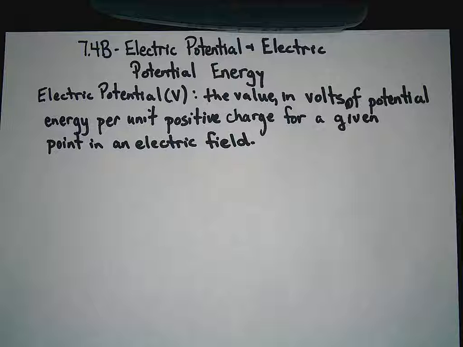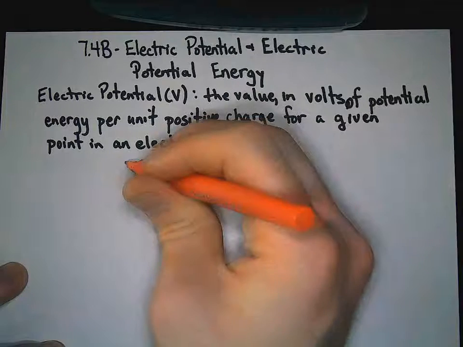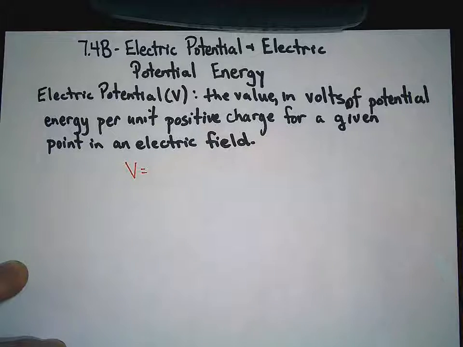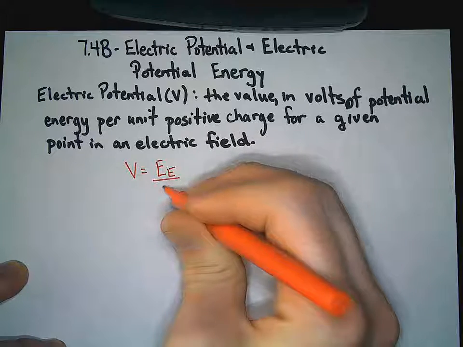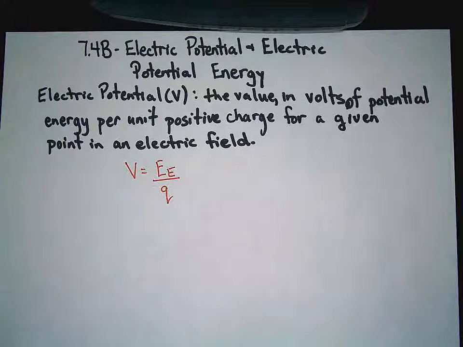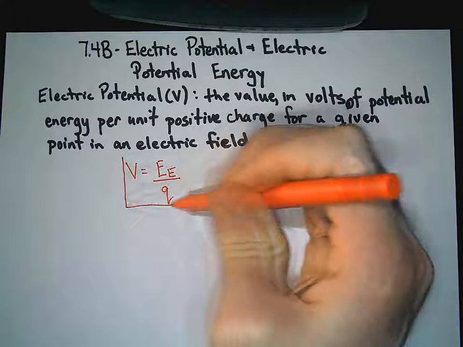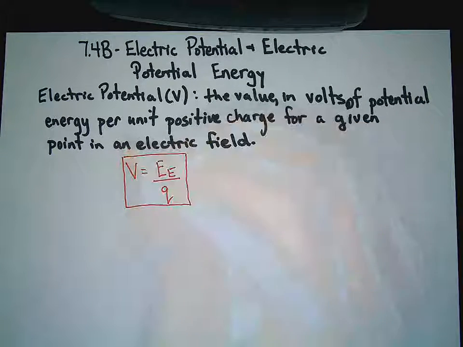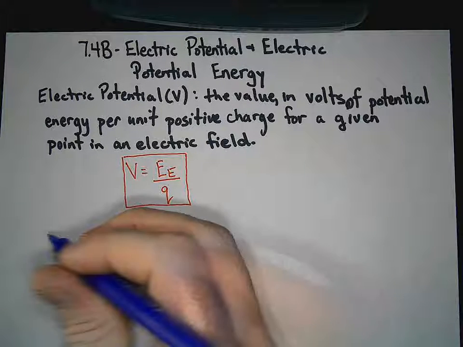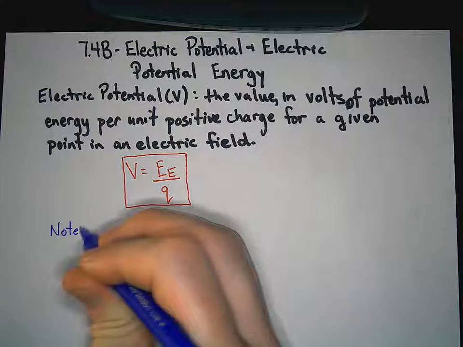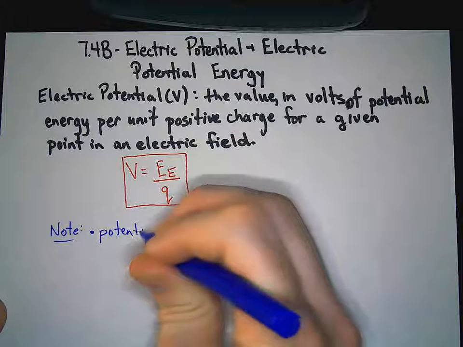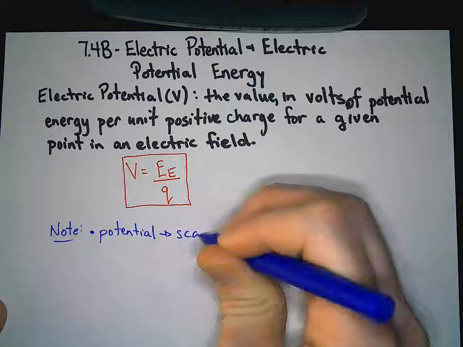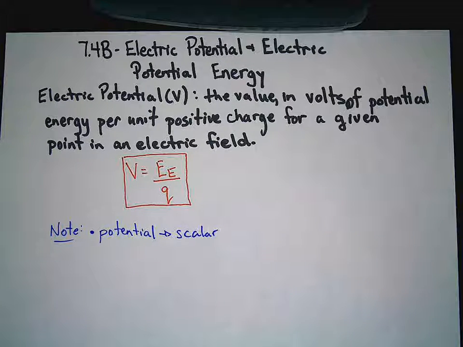And we can calculate the electric potential V as the potential energy per positive charge in that electric field. A couple of things that we should note in this case. Potential is a scalar quantity.